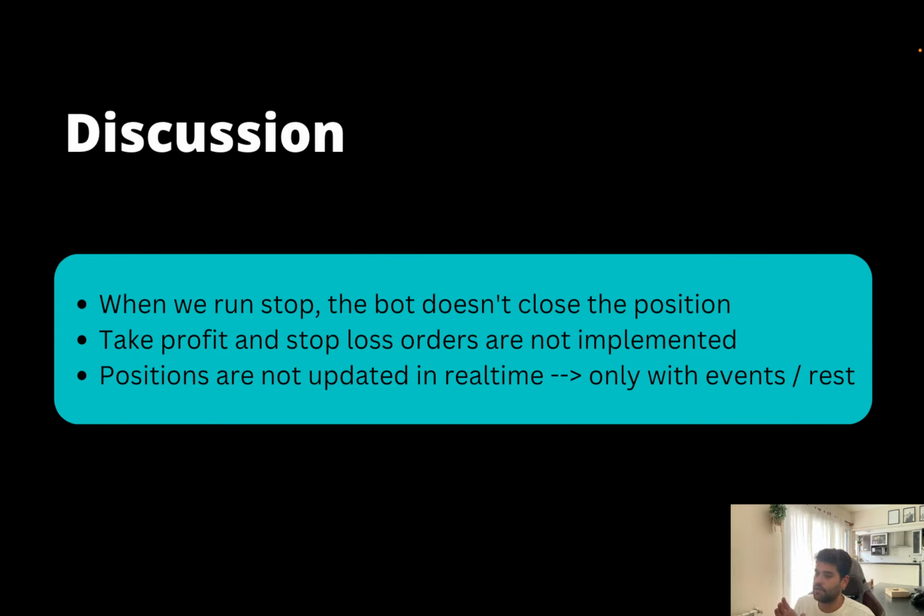For example, a limit order can be filled with one trade or multiple trades based on the amount of your order. But you have that order open with that specific amount, and the position will be created with the amount of your order.